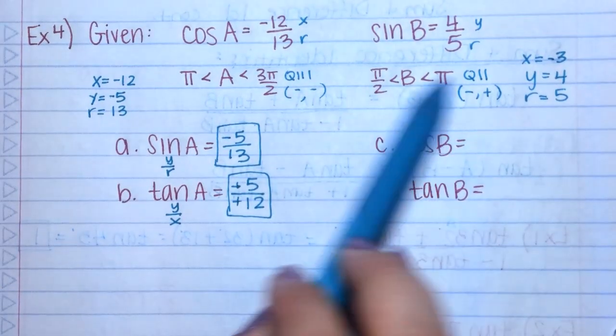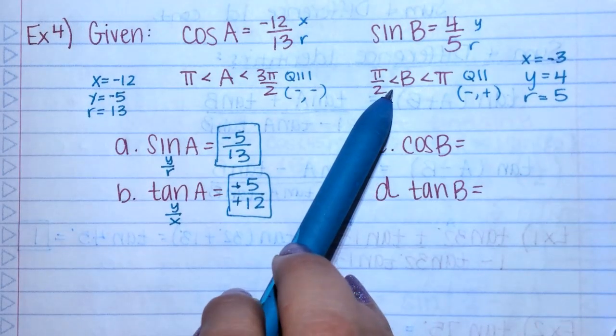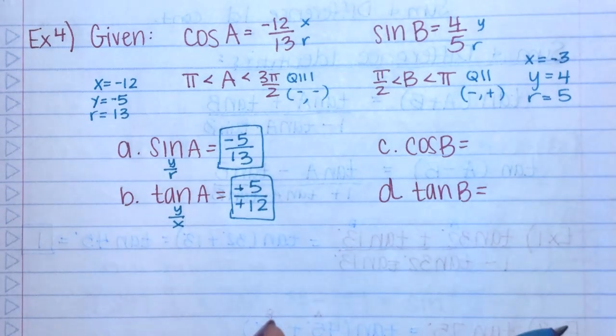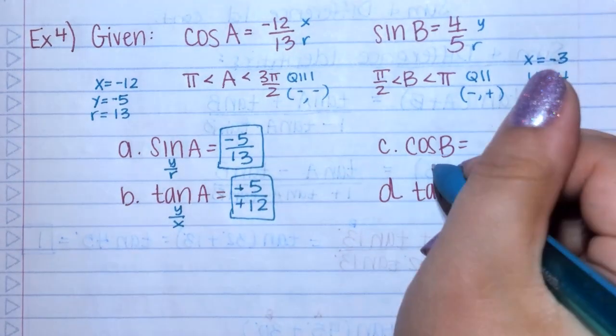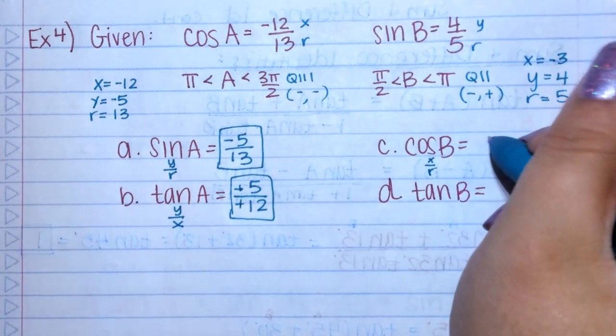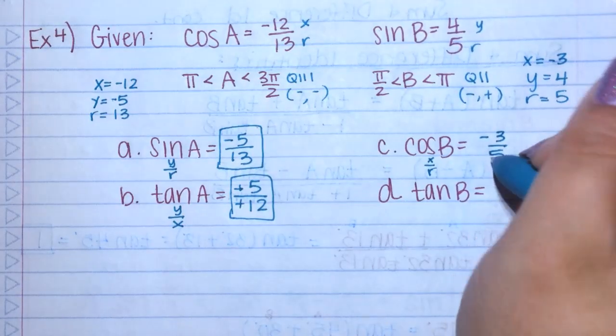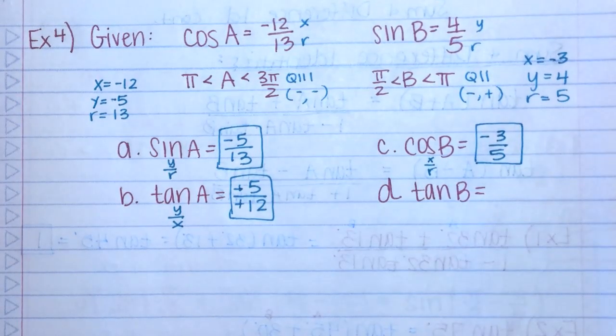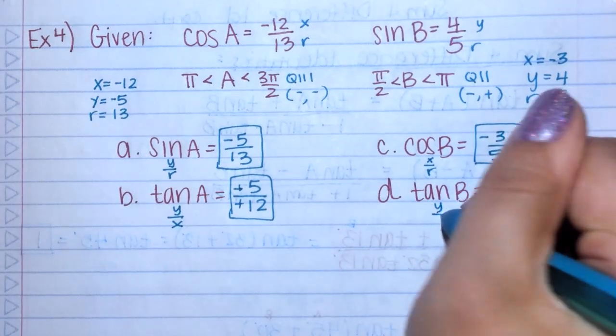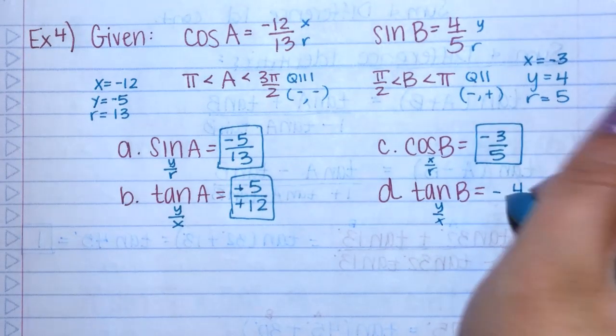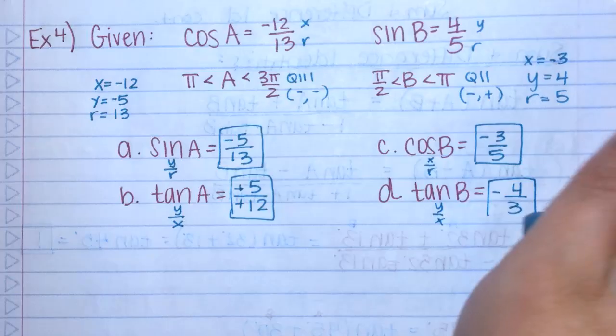That is why me giving you the quadrants is important. Purely for signs. Cosine is x over r, so negative 3 over 5 is my cosine. Tangent, we said, was y over x, so that's going to be negative 4 over 3.